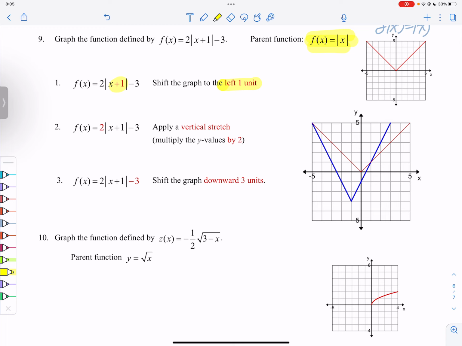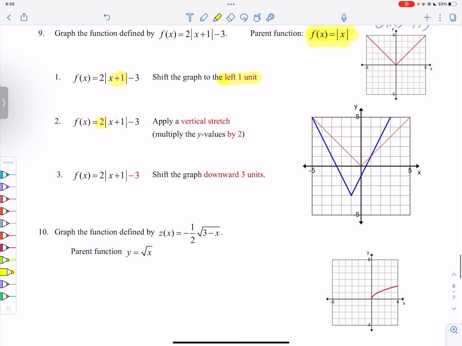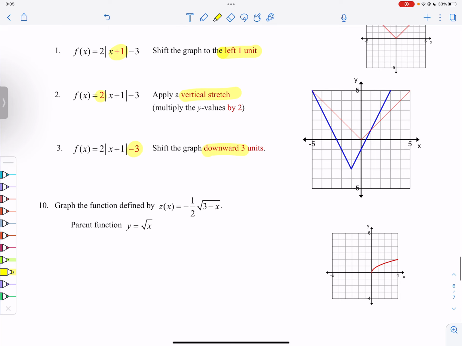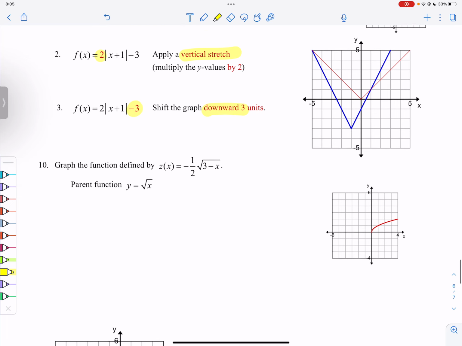If we have a vertical stretch, we have this 2 on the outside, and it's greater than 1. So that's not a fraction, so that's why it's a vertical stretch. And then we will go down 3. And that's the last thing we look at on there, and you can see that over to the right.